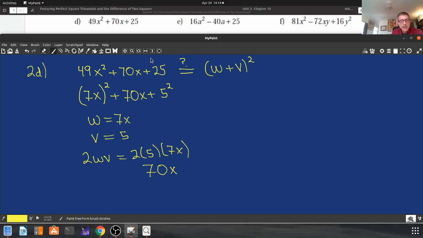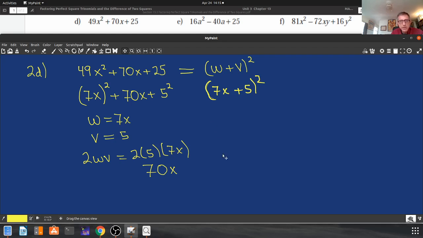So the answer is yes, I have found such factors that allow me to factor this as my w is 7x and my v is 5. So 49x squared plus 70x plus 25 is equal to 7x plus 5 squared.